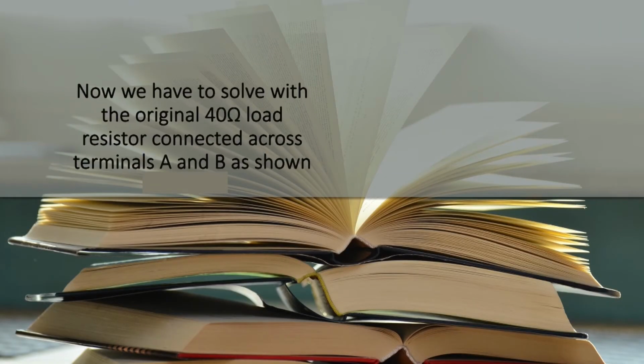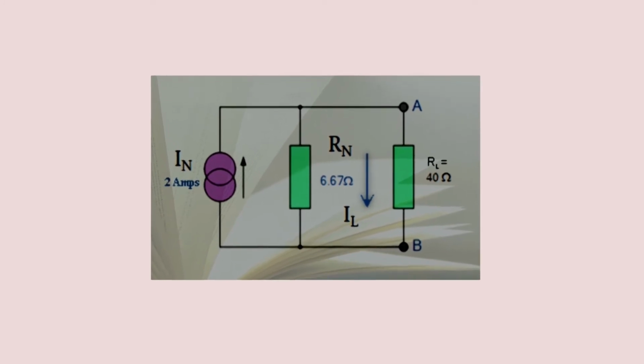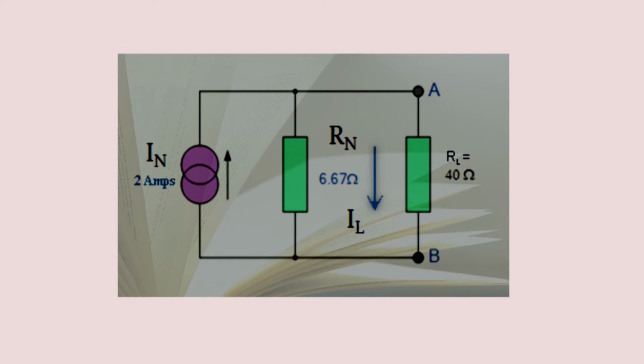So what you have to do? Just now you have to solve with the original 40 ohm load resistor connected across terminals A and B as shown in the figure. So here you can see the load resistance which has a value of 40 ohm and the Norton resistance 6.67 ohm are connected in parallel with the Norton current which has a value of 2 ampere.